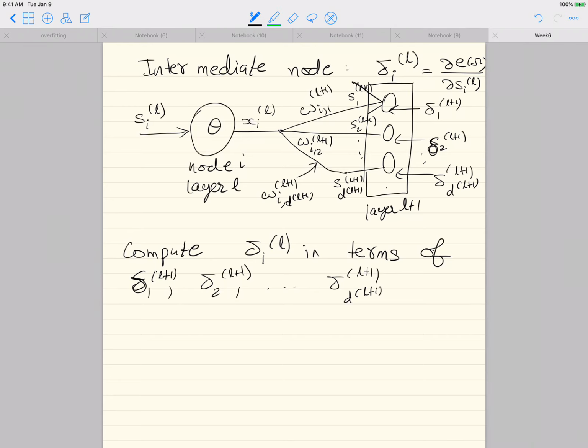So we have the backward messages for all the nodes in layer l plus 1. And we want to see how to make use of these messages to compute the backward message here. And then if we can do this computation, we can just proceed and go back to the input layer.